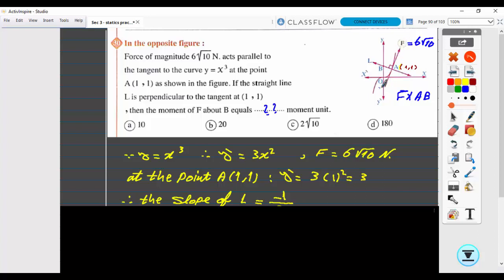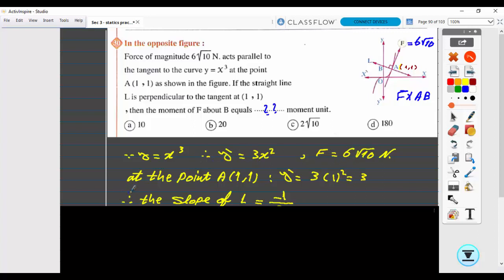The slope of the tangent to the curve equals dy/dx. L is perpendicular to the tangent. Okay? So to know the slope of L, we must know the slope of the tangent to the curve y equals x power 3. So the slope of the tangent, y dash, equals 3x squared. It is the first derivative.